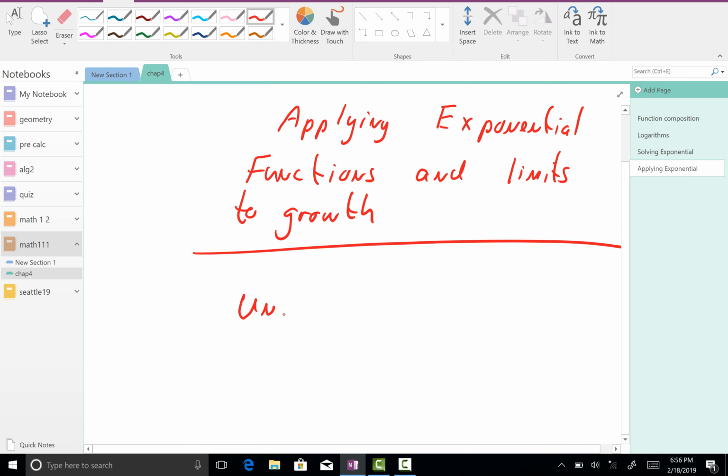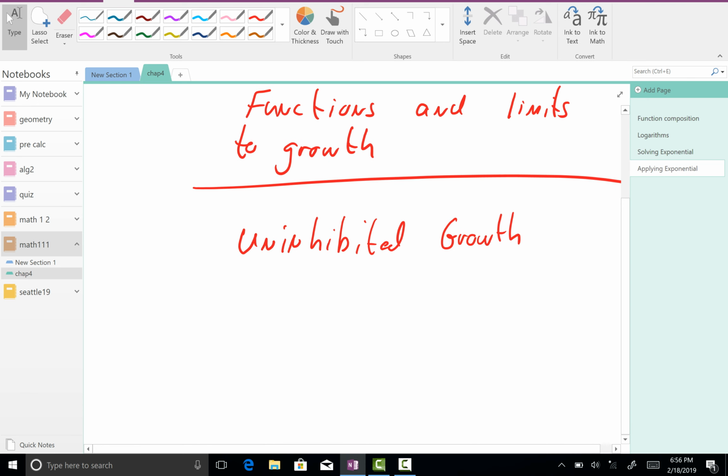formula, which is on page 350. They use it with cells, but you could use it with anywhere. And this is the formula that they use.